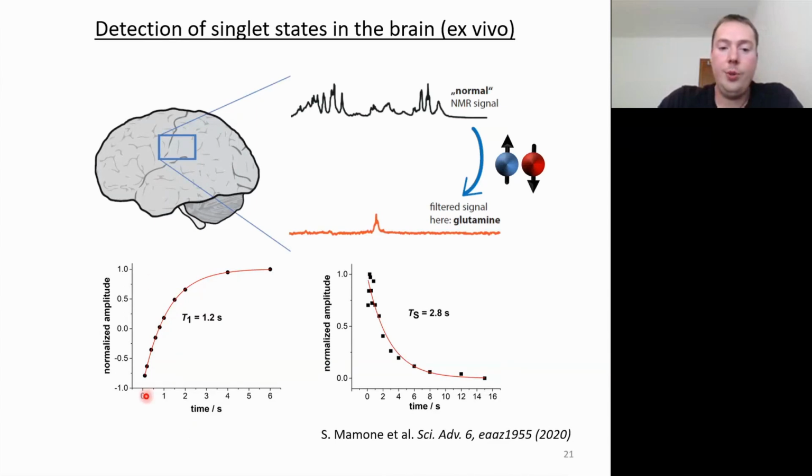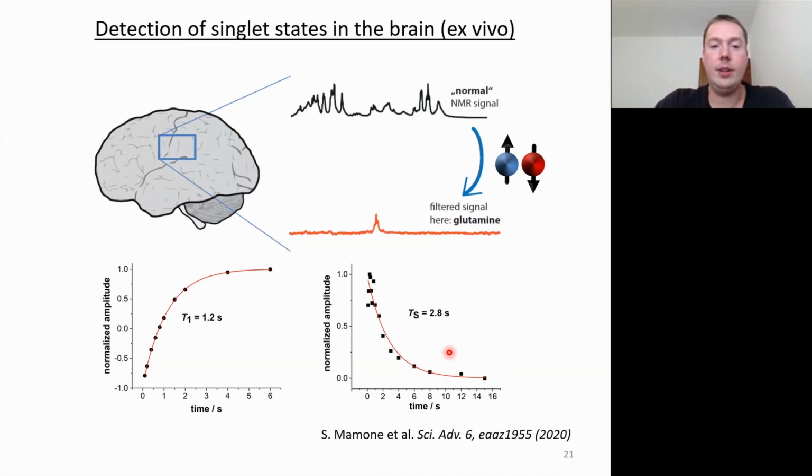Interestingly, even in brain tissue, we found that the singlet state can be long-lived, which you see here. So T1 is 1.2 seconds for these 2 protons we see here, and the singlet state is several orders longer. We thought, okay, this looks very promising. Now we want to really try to push and get this into in vivo applications.